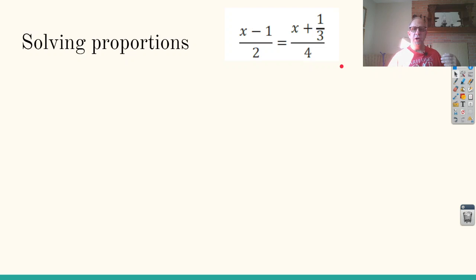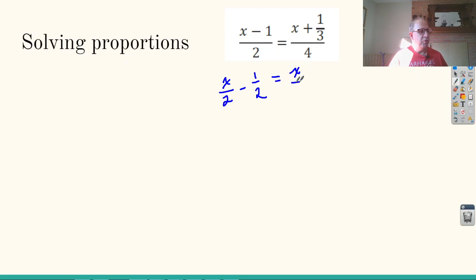Solving proportions. So now I have a proportion of x minus 1 over 2 equals x plus 1/3 over 4. Now, you have not played around with this stuff too much, but when I have everything in the numerator being over the 2, that means I have to divide this. If I was going to split this up, this would be x over 2 minus 1 over 2.